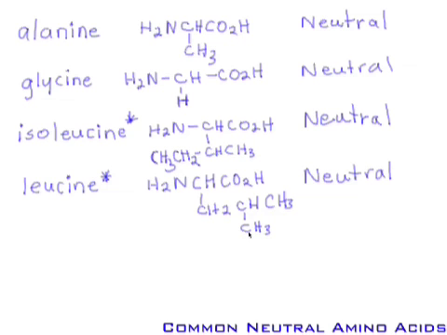Now, if I continue down my list, the only other amino acid in the 20 amino acids common to biological systems with an alkyl side chain is another essential amino acid called valine. Valine has an alkyl group attached to the CH.